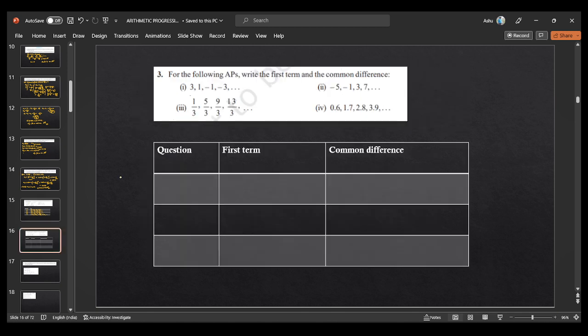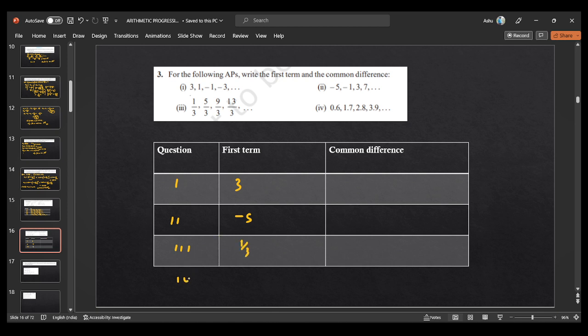Now next question, question 3. For the following AP, write the first term and the common difference. First question, the AP, first term is 3. In the second question, first term is minus 5. In the third question, first term is 1 by 3.